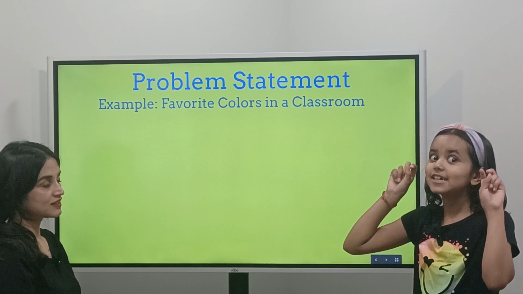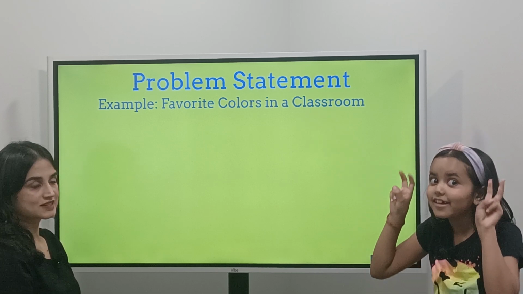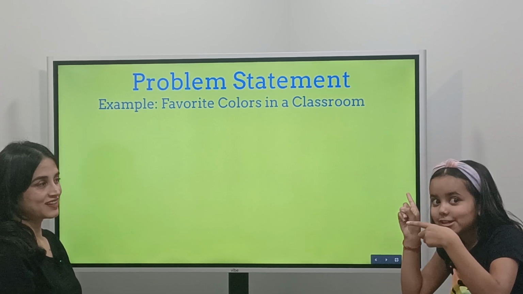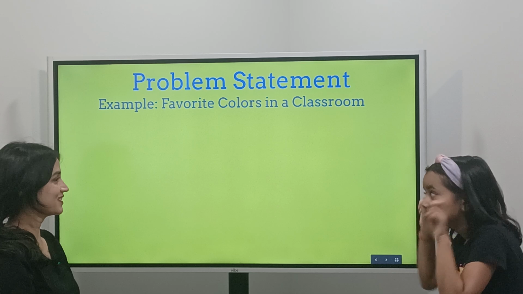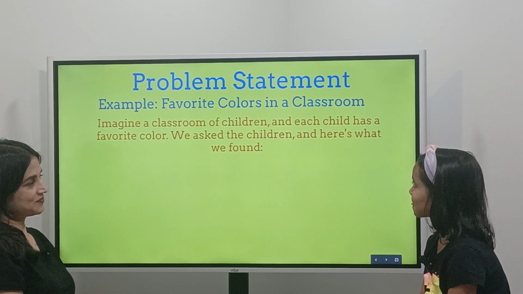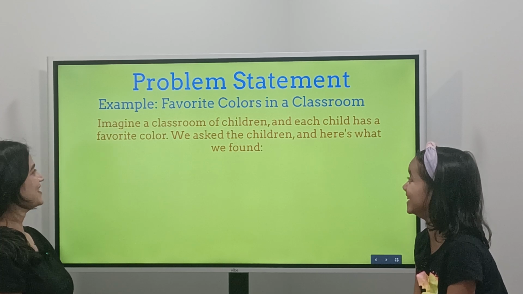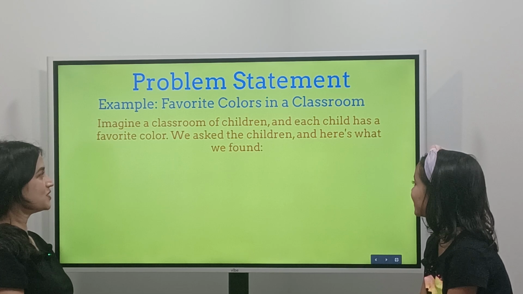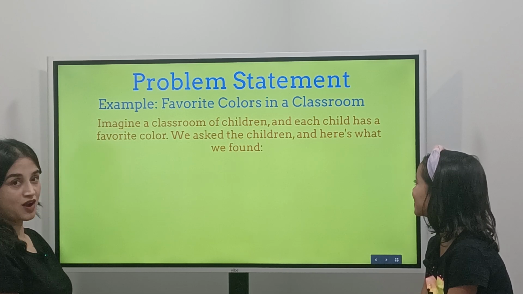Do you want to read that? Imagine a classroom of children and each child has a favorite color. We asked the children and here's what we found.